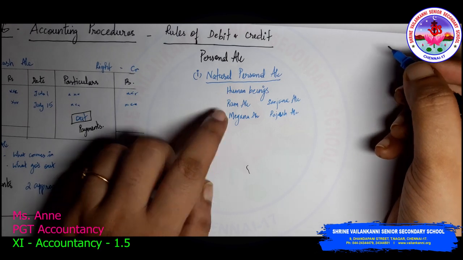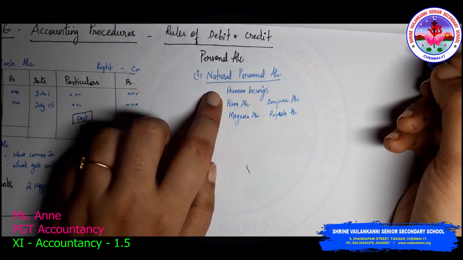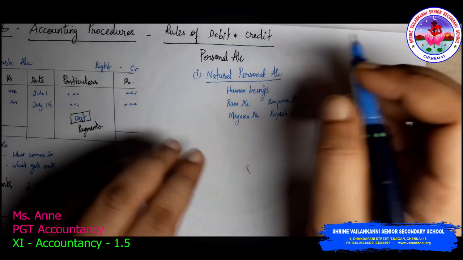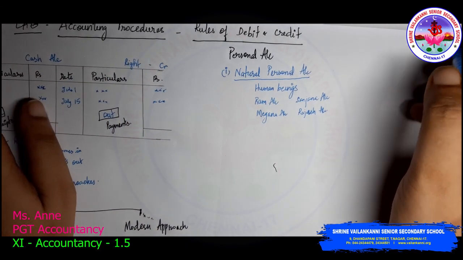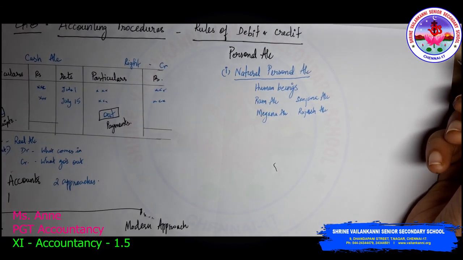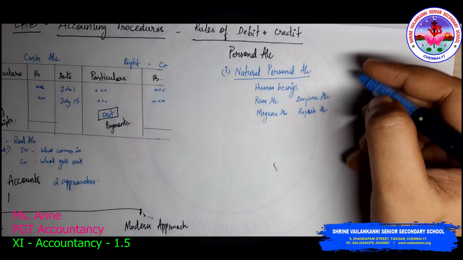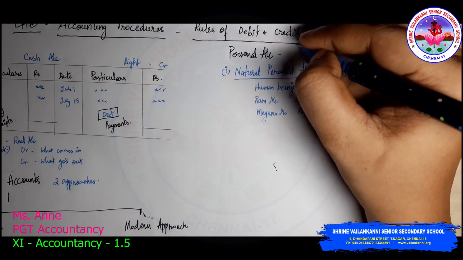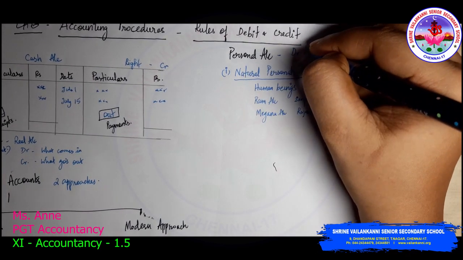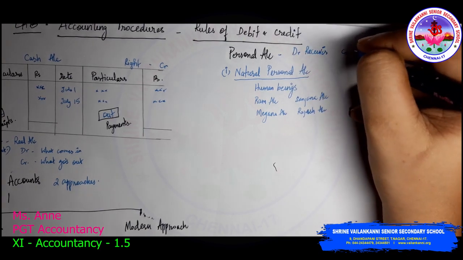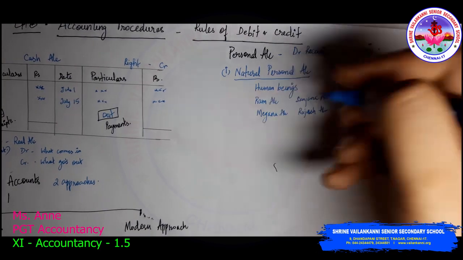These are all natural human beings. They are not artificially created. So this account is fully natural. For personal account, we know the rule: debit the receiver, credit the giver.